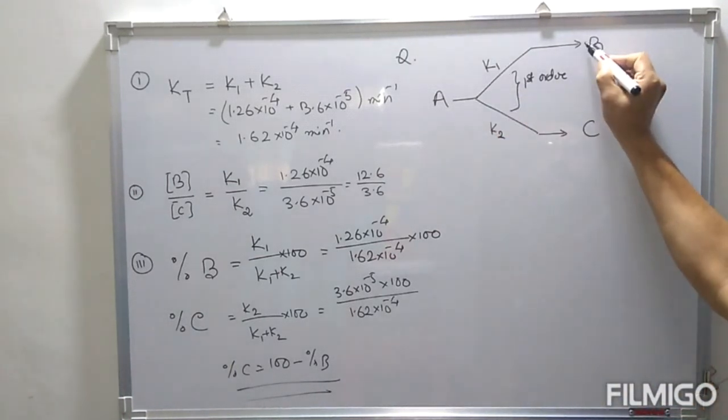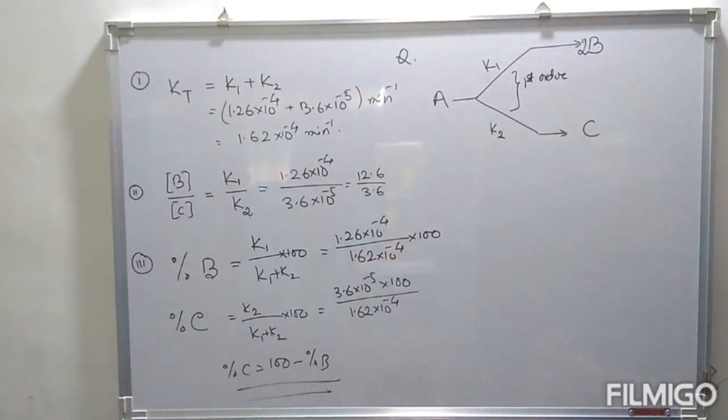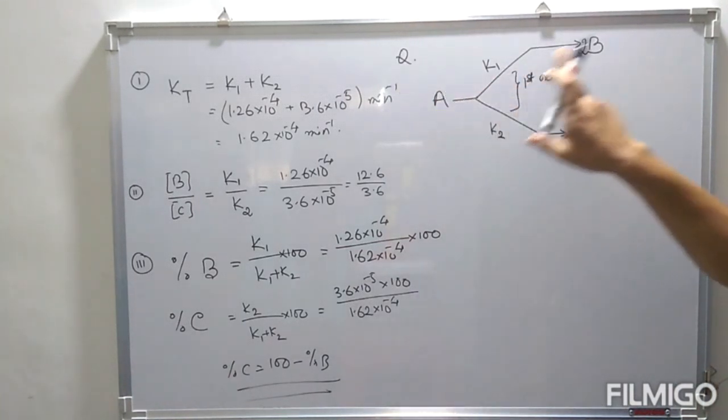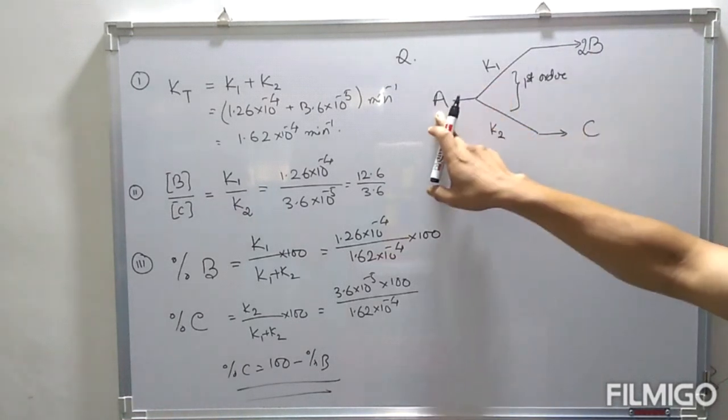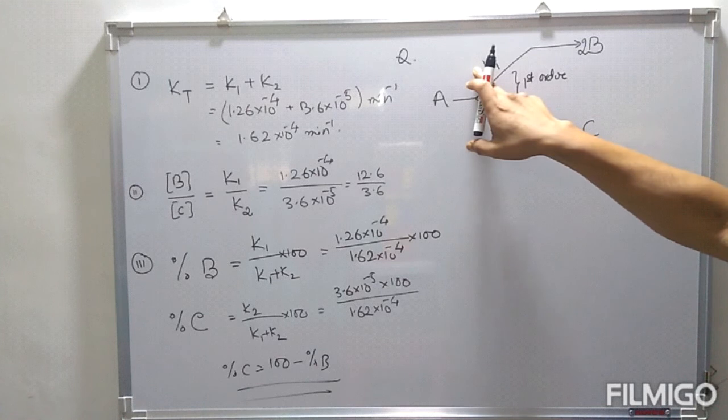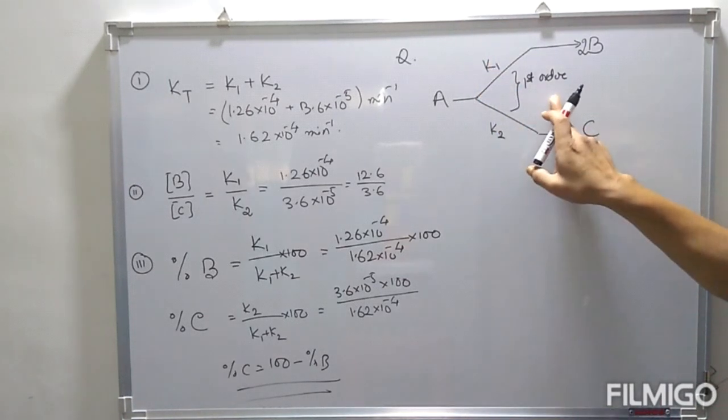Suppose we have this second equation. We have A giving you 2 moles of B, and A giving you 1 mole of C. This is K1, this is K2, both are first order.